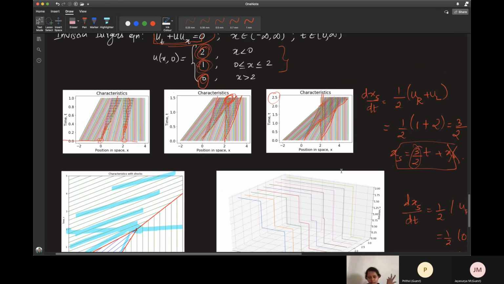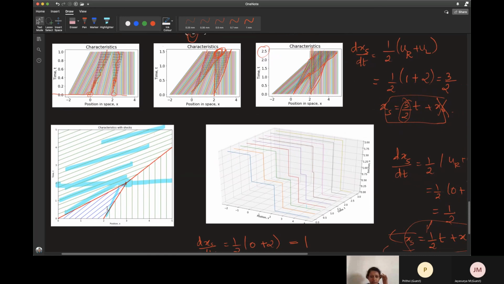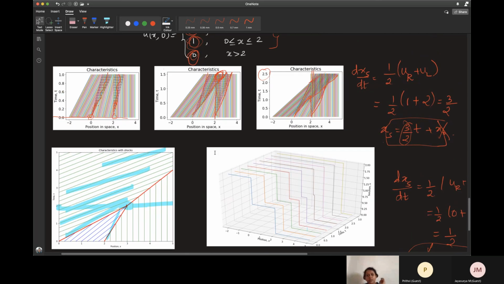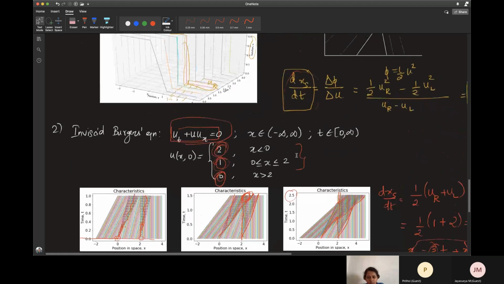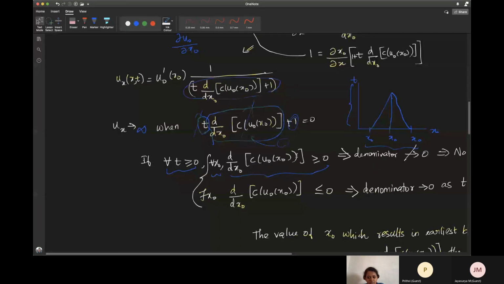You can use any coding software like MATLAB, Python, C, C++ or whatever. You can just get some plots of the characteristics and solutions. Okay. So any doubts?